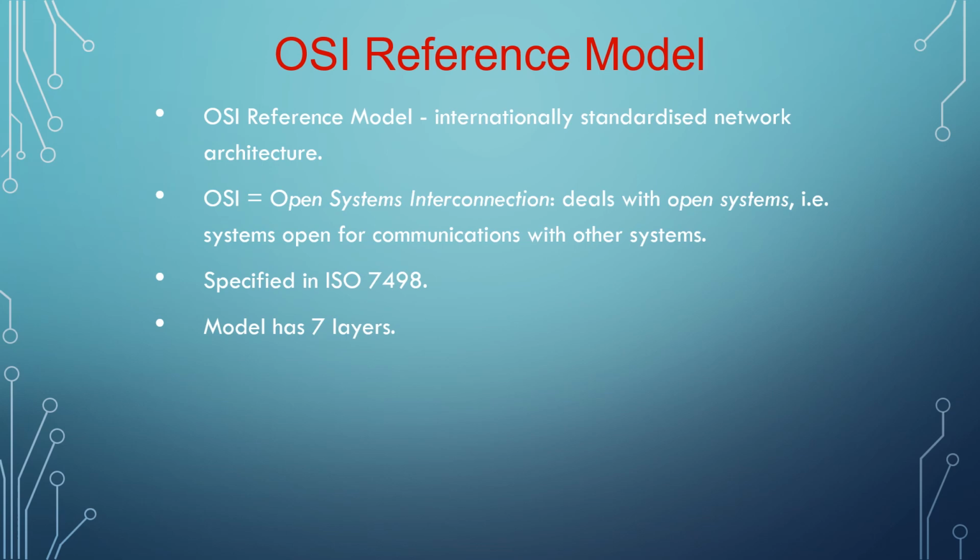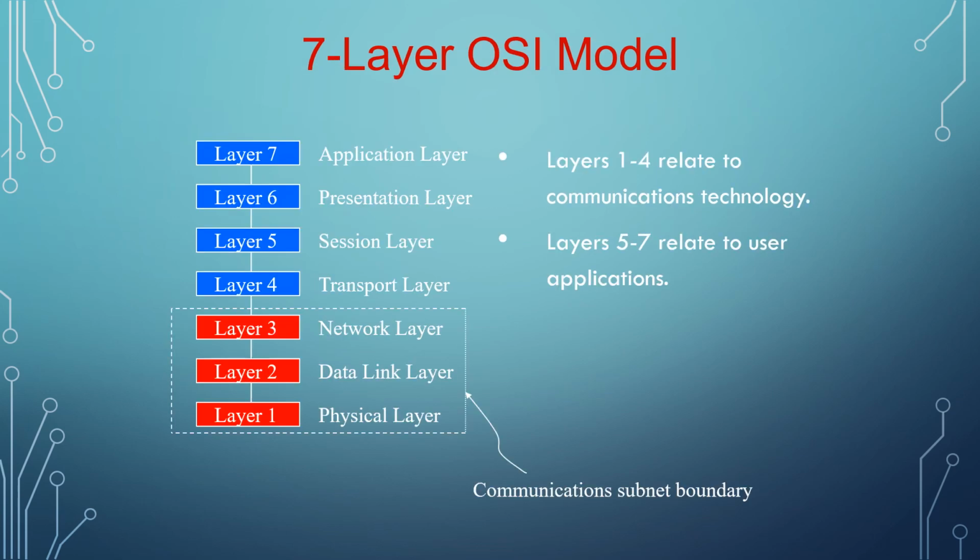In order to accomplish successful communication between computers and network architectures, 7 layers of the OSI model are there. It was introduced by ISO in the year 1984. The 7 layers of the OSI model are application layer, presentation layer, session layer, transport layer, network layer, data link layer and physical layer.